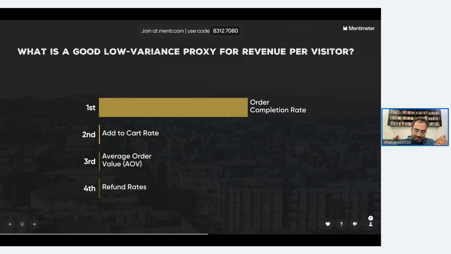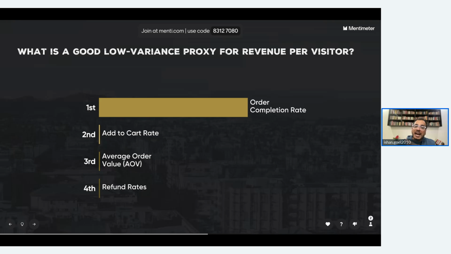Great. So yes, that is the answer I also had in mind: order completion rate for revenue per visitor. Essentially, order completion rate can be a good metric, like how many visitors are actually completing the order and how many are not, and it is binary. Add to cart rate is one level above in the funnel, so it is not exactly aligned to revenue per visitor, because a lot of people who add to cart might not complete the order.